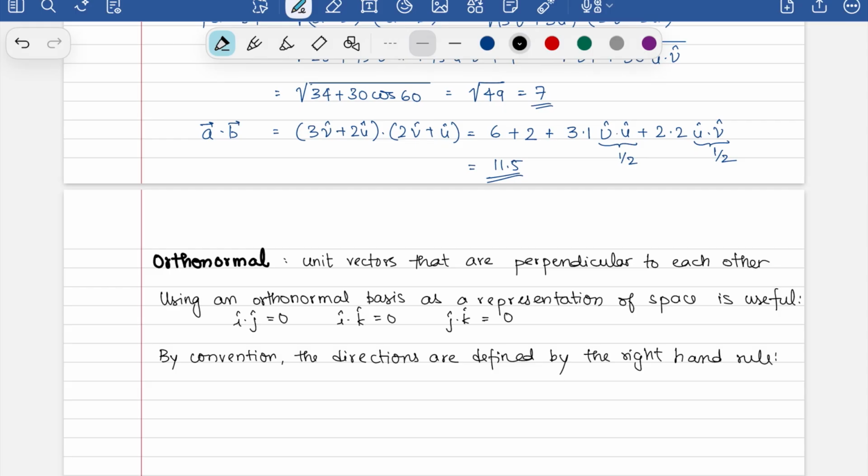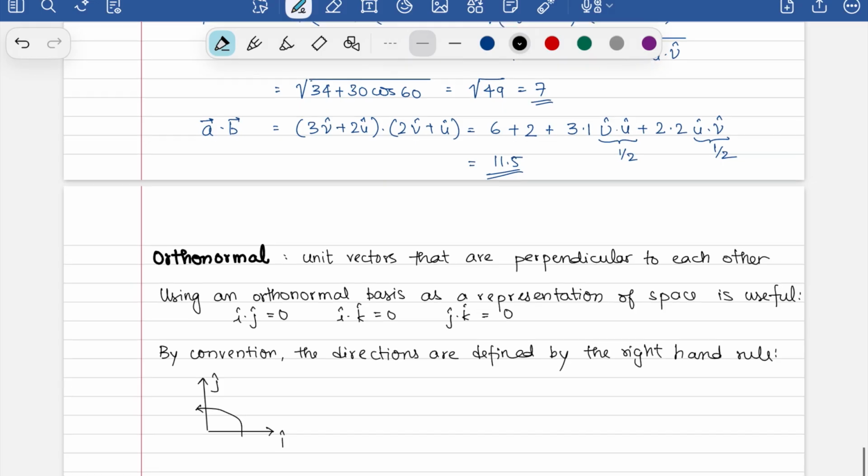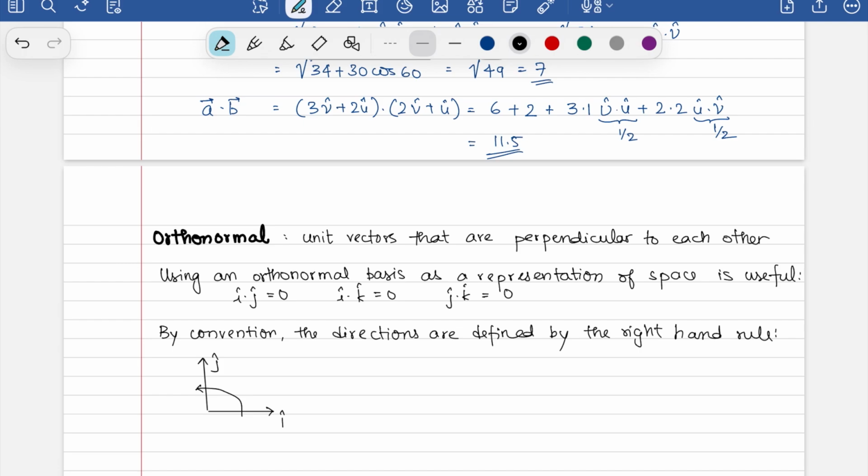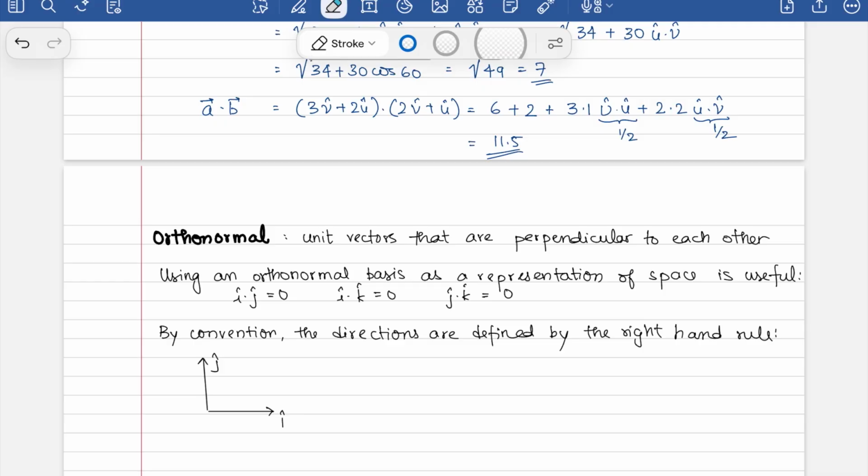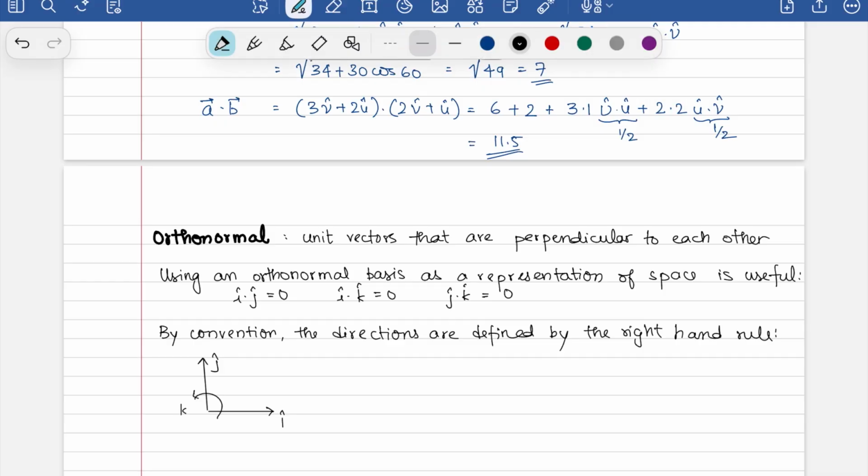What does that mean? If you have your i hat in this way and your j hat in this way, then your third unit vector, that is k hat, will be in the direction defined by the right-hand rule, where you go from i to j. So a unit vector along this direction would be your k hat. That is your k hat.